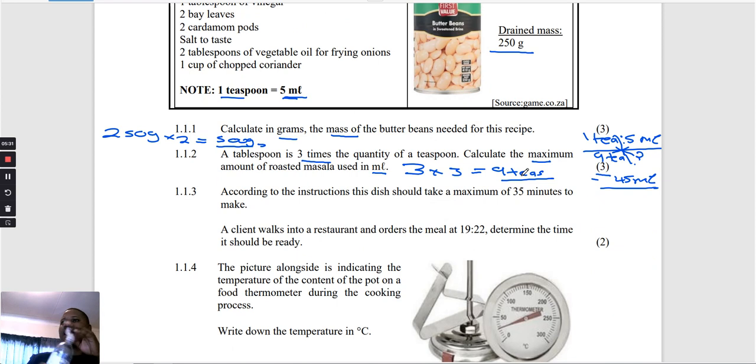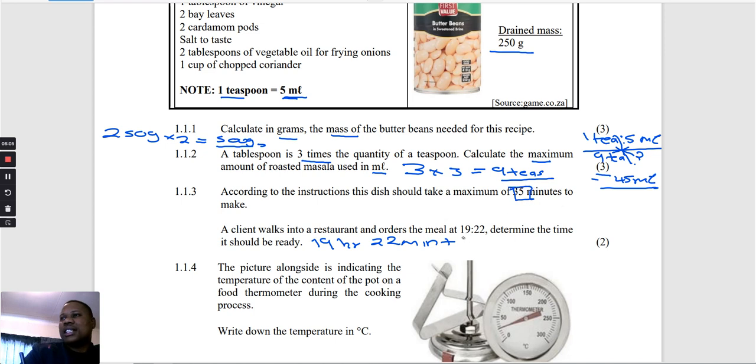According to the instruction, this dish should take a maximum of 35 minutes to make. Okay, a client walks into a restaurant and orders the meal at 19:22. Determine the time it should be ready. So we're going to say 19 hours 22 minutes plus 35 minutes of preparation.